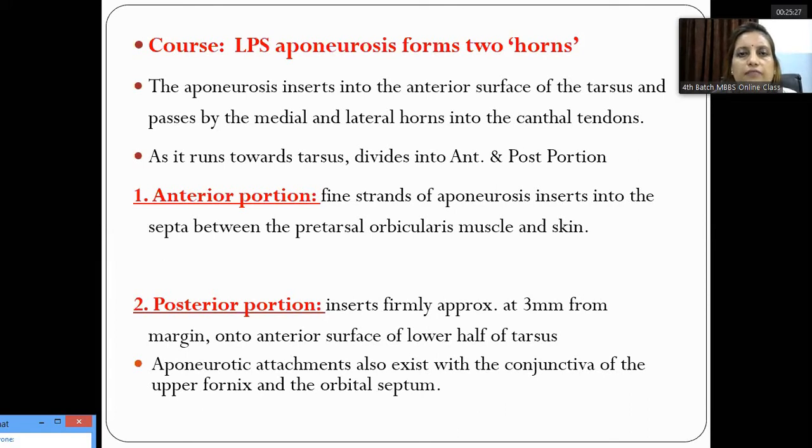These fibers pass into the anterior surface of the tarsus. It also runs towards the tarsus and divides into anterior and posterior portions. At the border of the tarsus, it divides into anterior portions and posterior portions. The fine strands of aponeurosis insert into the septa between the pretarsal orbicularis muscle and skin.